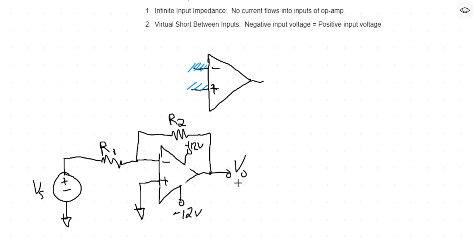When it comes out here, it would want to be negative 50 volts, because it's inverting, so it'd be negative, and then there'd be a gain of 10, and 10 times 5 is 50. But there's only a full range of 24 volts available. So what you'd actually see on the output is negative 12 volts. It would try to get there, but it would be limited by the voltage you're actually powering this op amp with.